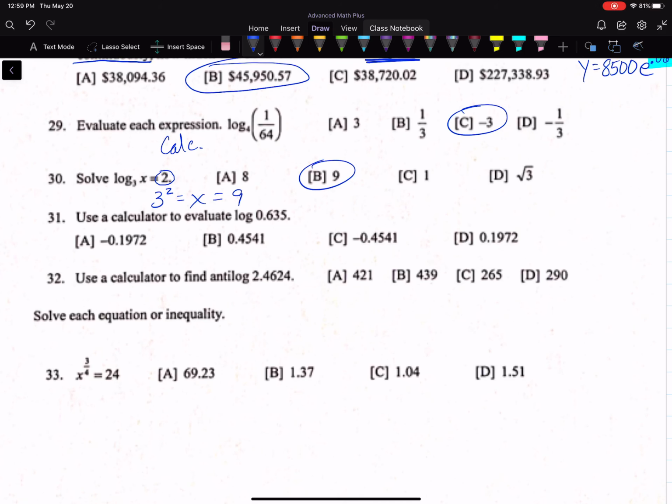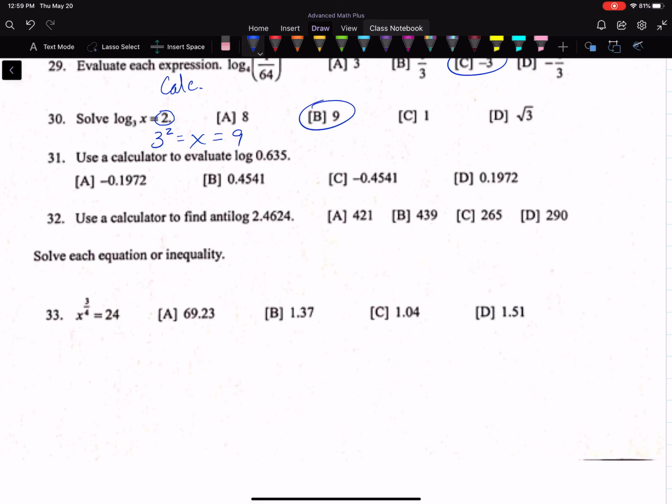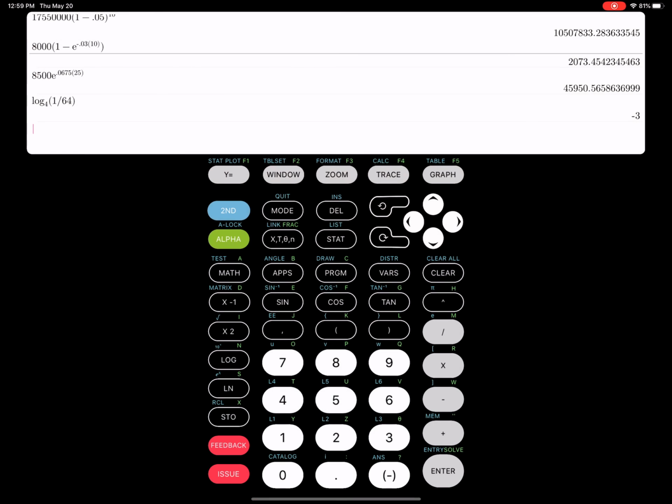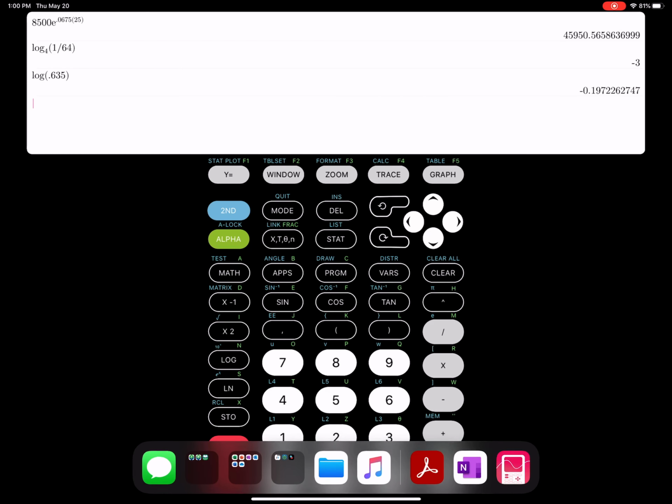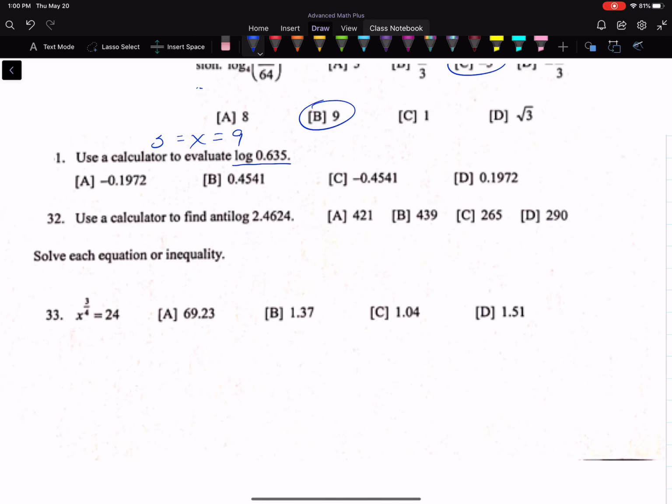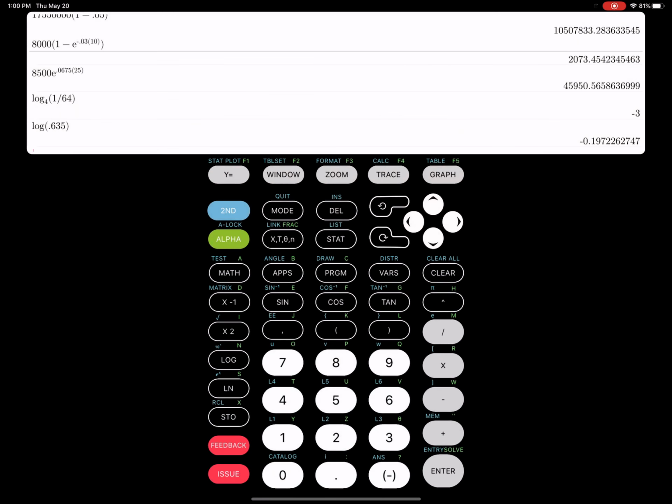Okay. 31, very easy. You just type log of 0.635 in your calculator. Enter. I get negative 0.197, blah, blah, blah. Negative 0.1972 would be A. It was negative, right? Let me go back and look. Yeah, negative.